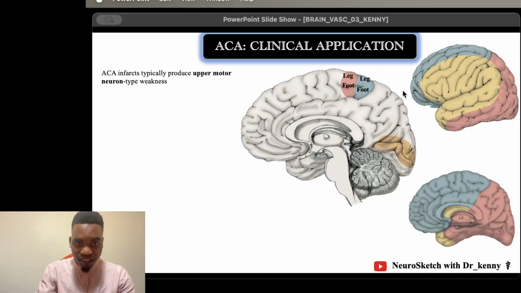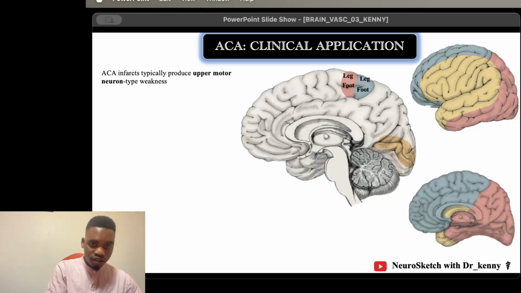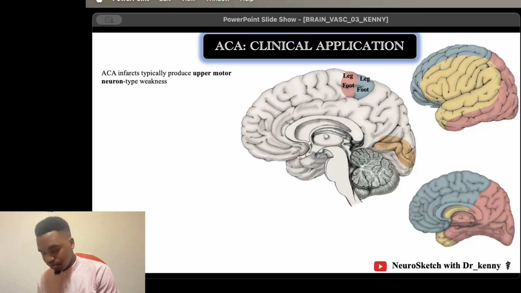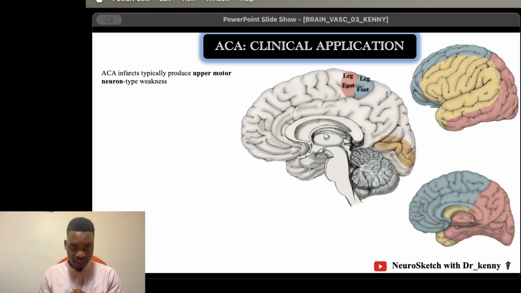On the somatosensory homunculus and the primary motor areas, it supplies the medial side. But the medial side, in terms of sensory motor, occupies the leg and the foot.